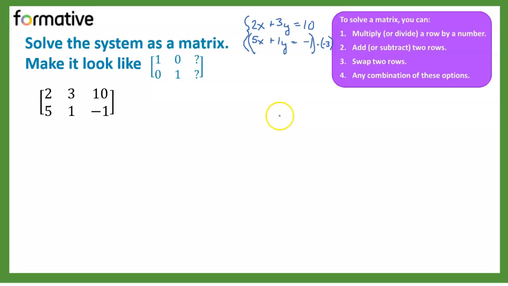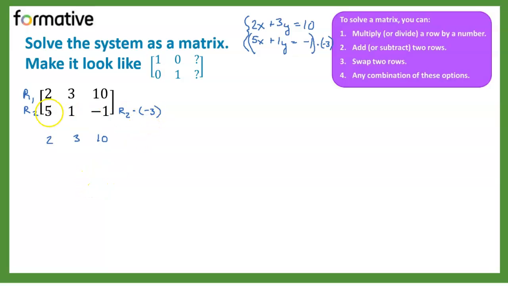So let's look at how we do that with matrices now, with this sort of simplified notation. I'm going to call this row 1 and row 2. We're just going to refer to those that way. And to multiply this second one by negative 3, I'm just going to say R2 times negative 3. So I haven't done anything to row 1. That's just going to come down right as it is, 2, 3, and 10.